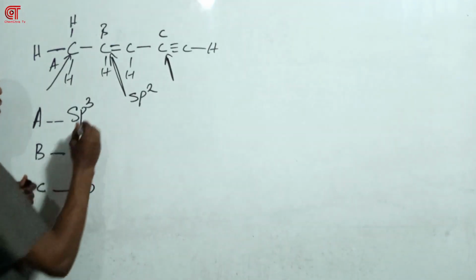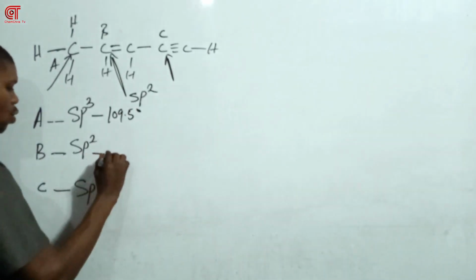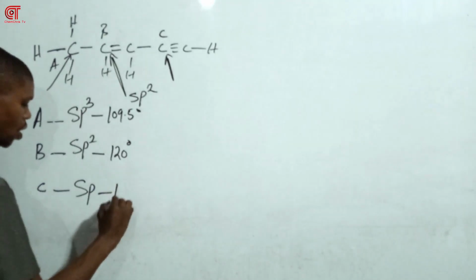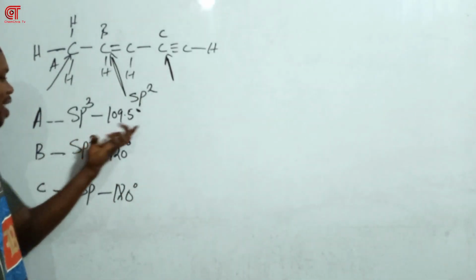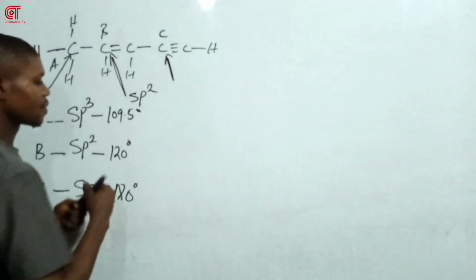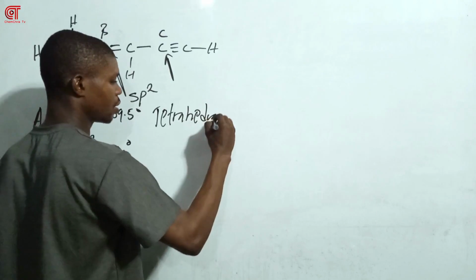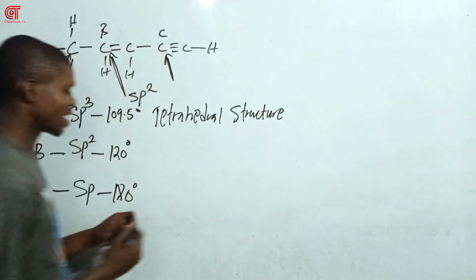Now, they may also go further to ask you what the bond angle is. The bond angle here is 109.5 degrees. Here it is 120 degrees. And here it is 180 degrees. If they ask what the shape is, this is called tetrahedral structure.